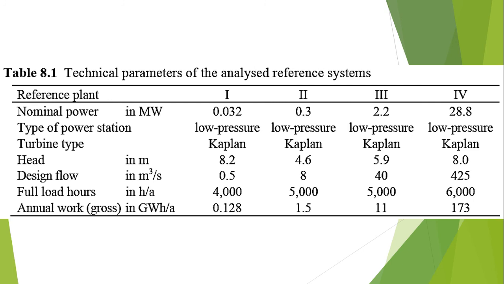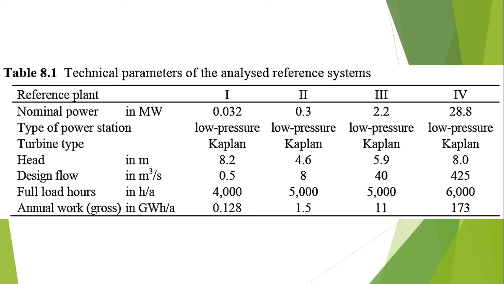According to this table, a distinction is made between two small hydroelectric power plants with an installed electrical power of 0.032 megawatt and 0.3 megawatt respectively, and the two larger plants with a power of 2.2 megawatts and 28.8 megawatts respectively.